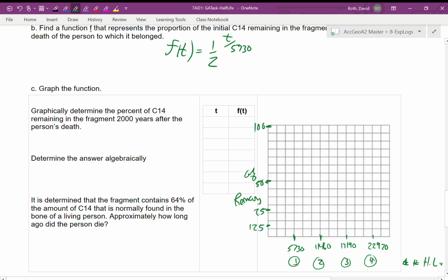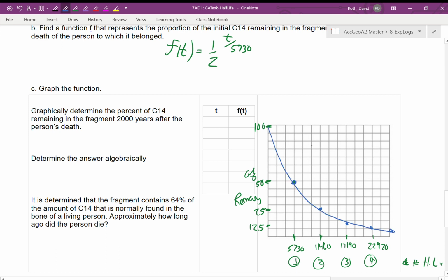I want 2,000, and let's get this graph now. 1 half-life is 50%. Let's do it in a different color. Blue. 2 half-lives is 25%. 3 half-lives is 12.5%. And then 4 is something like down there.